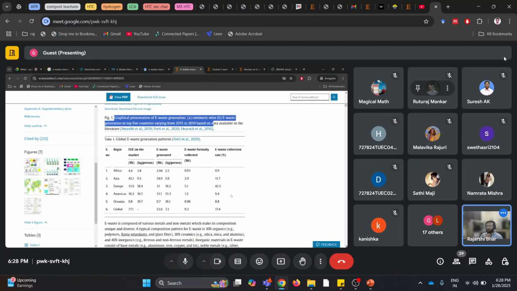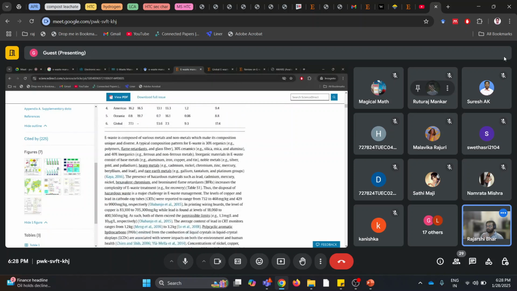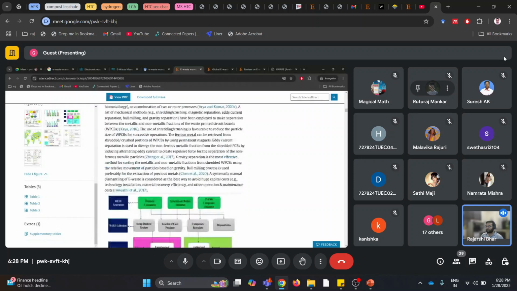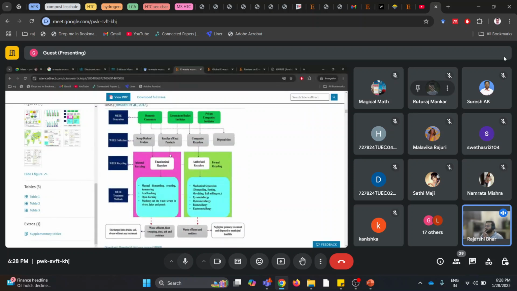Europe is faring much better because it has more money and better infrastructure available, so the system in place is also quite robust. That is why they have around 42.5% e-waste collection efficiency. So these two were some of the interesting findings. We will scroll down and see if we can find some other interesting observation.